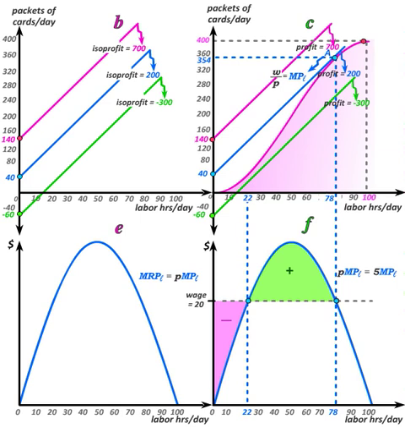So long as the shaded green area is larger than the shaded magenta area, my profit will be positive. I'll lose money on the first workers that I hire, but I have to hire those workers in order to get to that positive area and be able to start making profit.